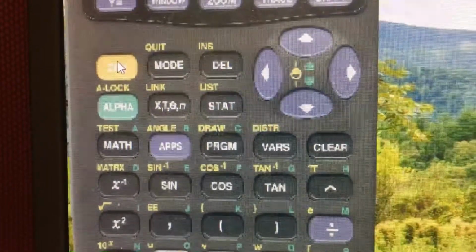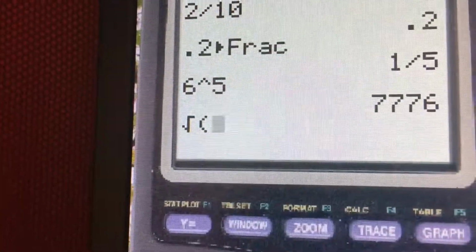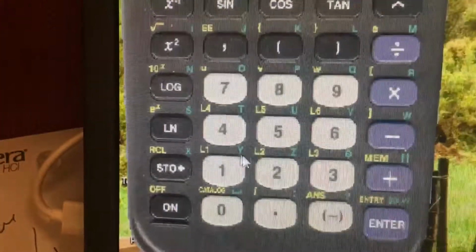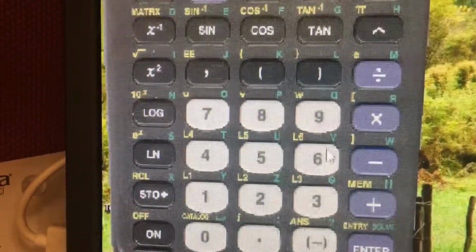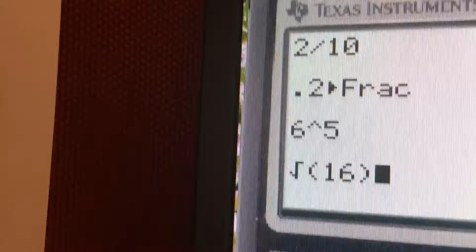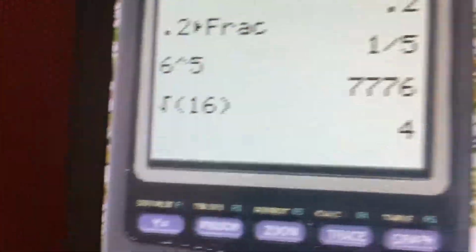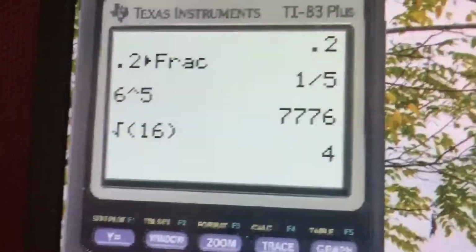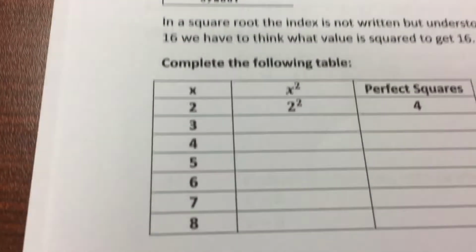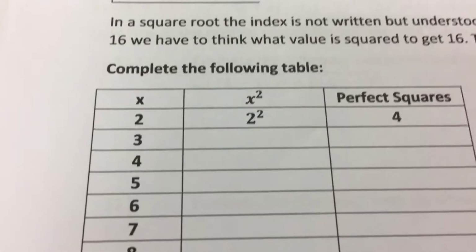If you push the second button and the x square, you get a square root symbol. If I want to type in 16, notice I have a square root of 16 and hit enter, I get the answer of 4. Because 4 times 4 is 16. That's a square root.